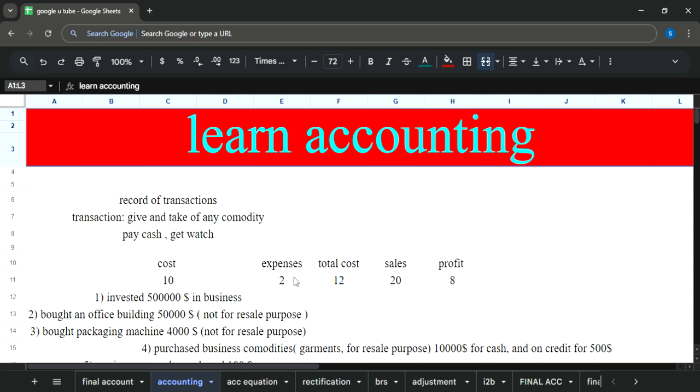Suppose the expense of this value addition is 2, then the total cost is 12. You are selling this commodity for rupees 20. So the commodity which costs 12, when you sell it for rupees 20, 8 would be the profit. Today our target is this profit, how we can calculate our profit.